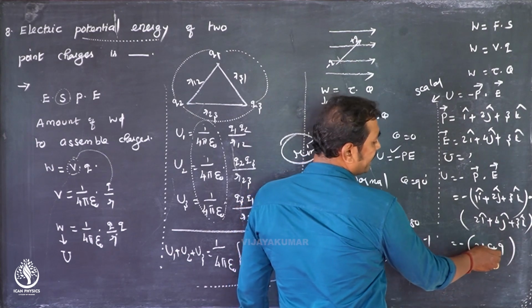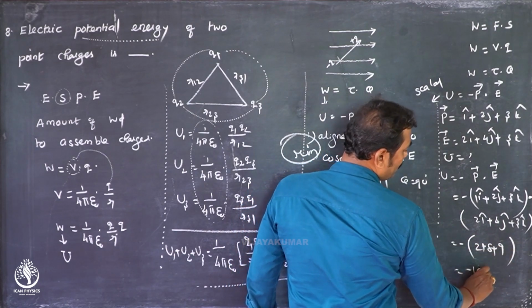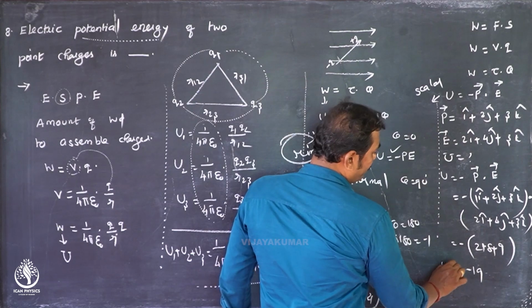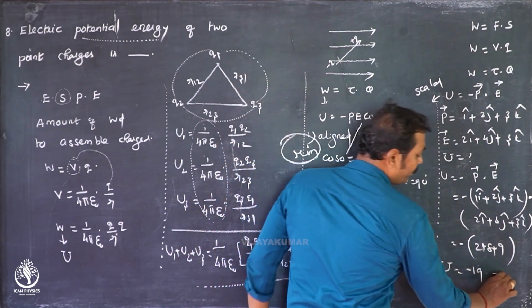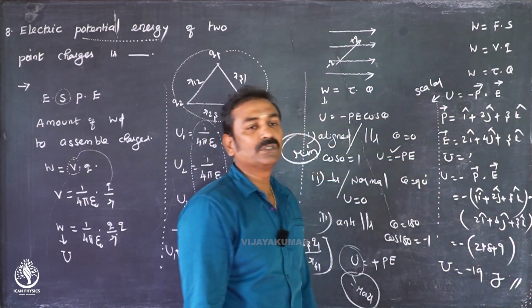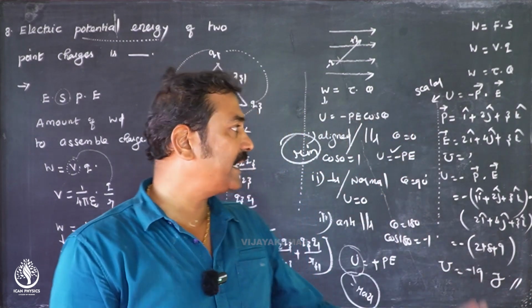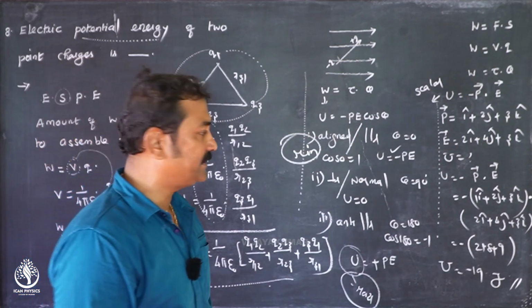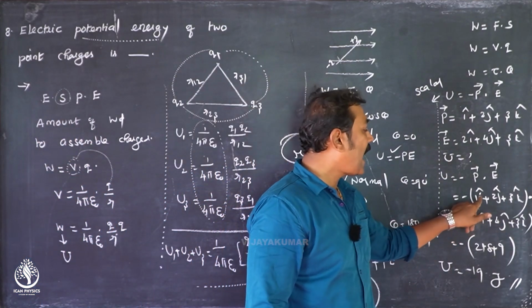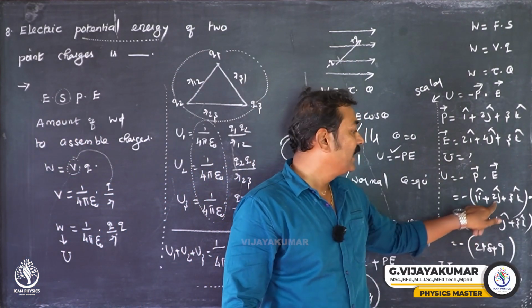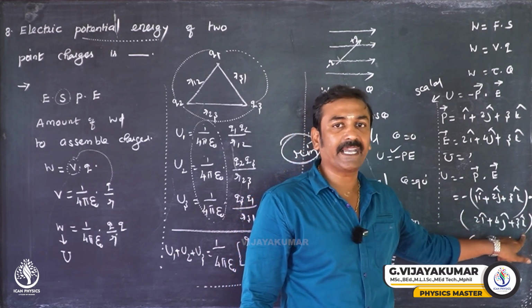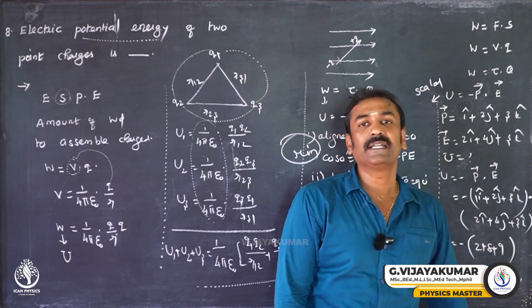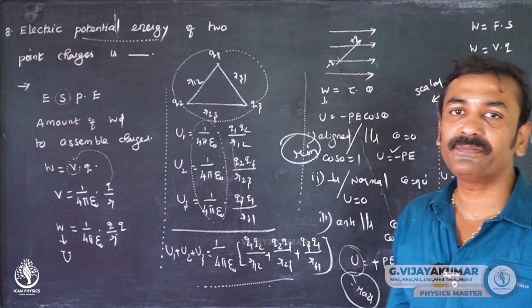So 2 plus 8 is 10, 10 plus 9 is 19. So minus 19. We calculated the electrostatic potential energy. The unit of energy is joule, so 19 joule. Here i cap dot i cap, j cap dot j cap, k cap dot k cap equal 1. That is the principle of the dot product of two vectors.